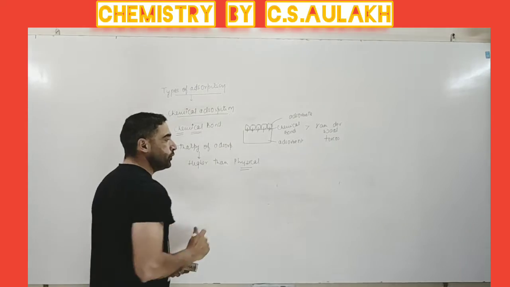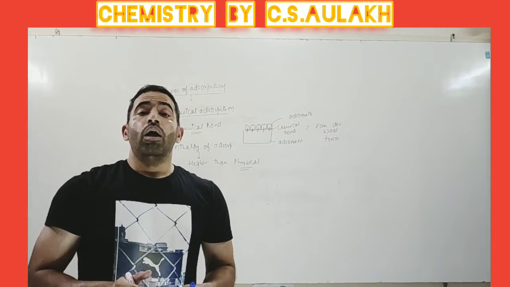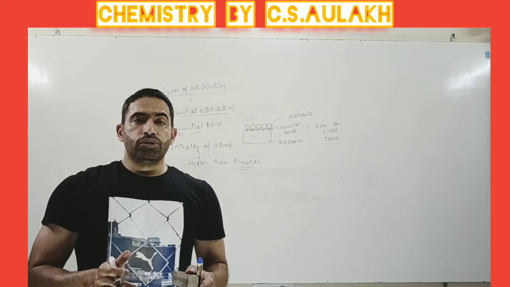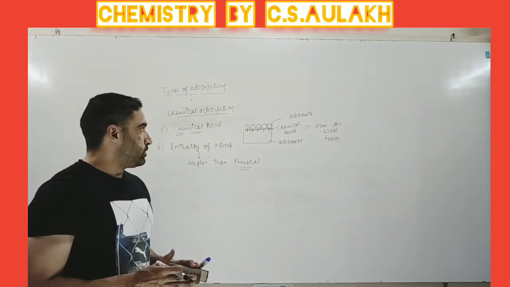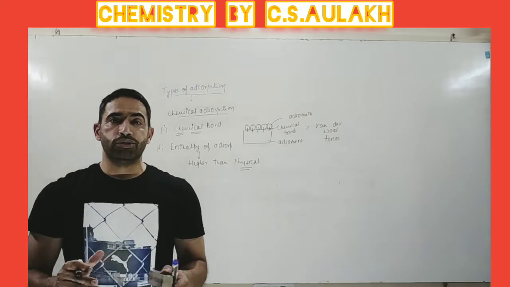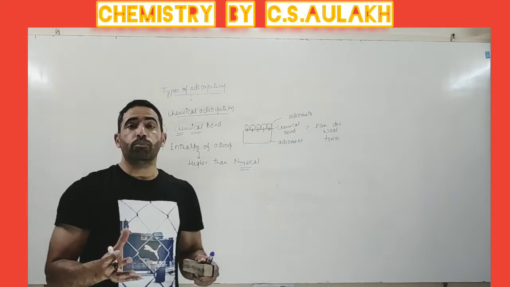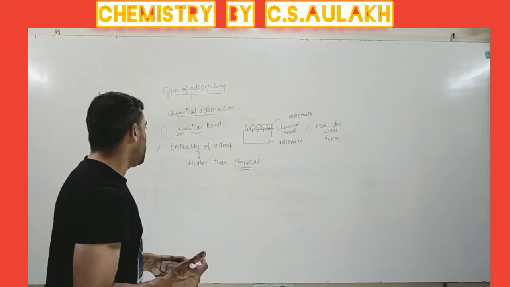As I have told you, the amount of heat released depends upon the nature of the intermolecular forces which are holding the molecules of adsorbate over the surface of adsorbent. Here it is the stronger force in case of chemical adsorption. That's why more energy comes out during the adsorption.